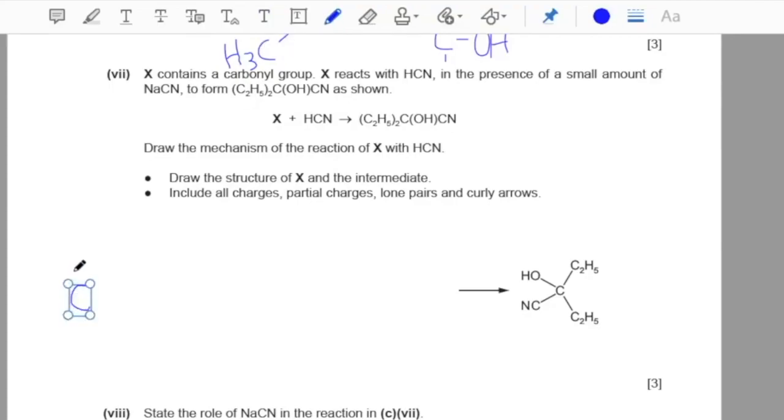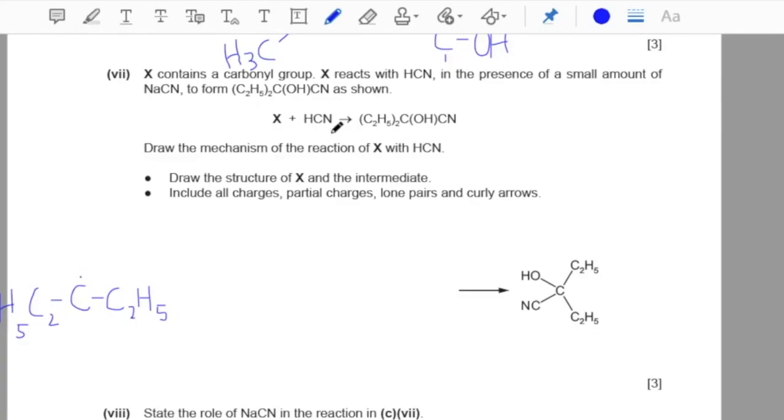C is bonded to C2H5. And there are one or two more bonds needed on the carbon atom to complete the valency of carbon, but we need to decide which one that is.